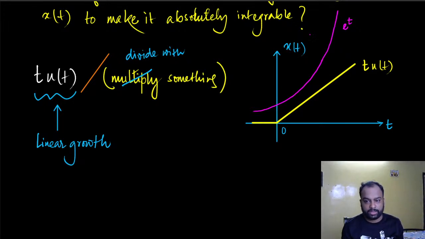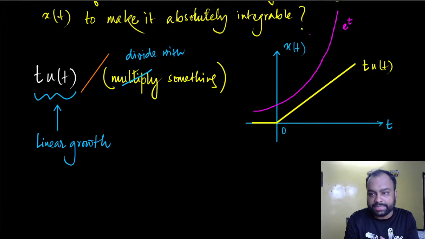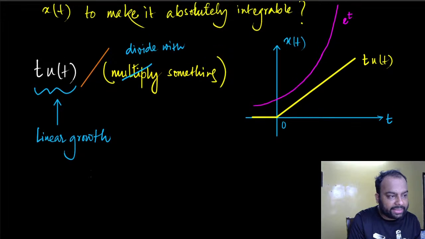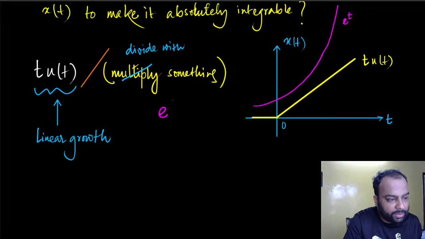The point is that, right off the top of my head, I can figure out a signal that I can divide this signal with, so that in the denominator I have a signal which rises faster than this signal can rise. Got the point? So what if I think about this kind of signal, say e to the power t?